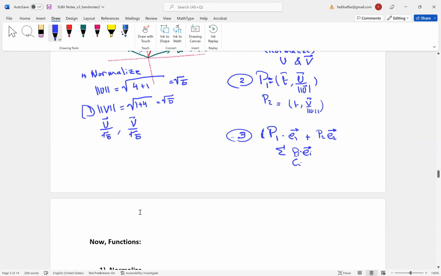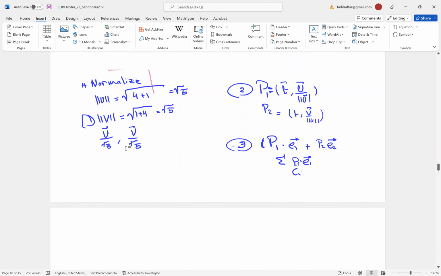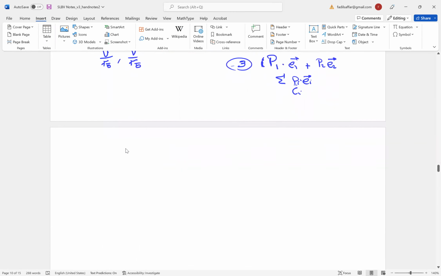Now we need to find the second step. Let me add a blank page here. We want to find the projection.